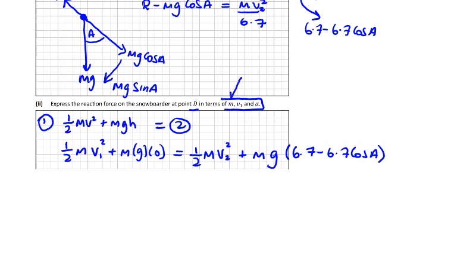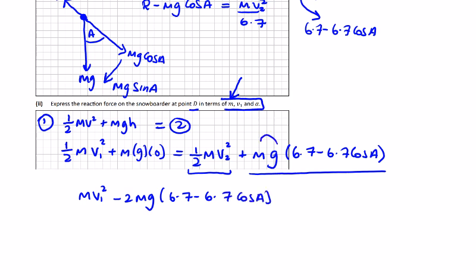It says leave it in terms of m, so let's leave m in and multiply by 2. So we're going to get m v1 squared. We want v2 on its own, so I'm going to bring across this guy. We're multiplying by 2, so minus 2 mg by 6.7 minus 6.7 cos A.